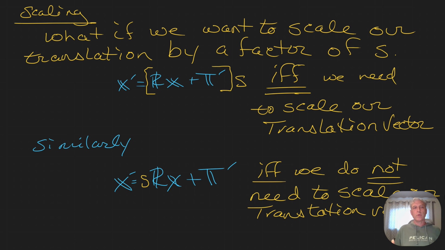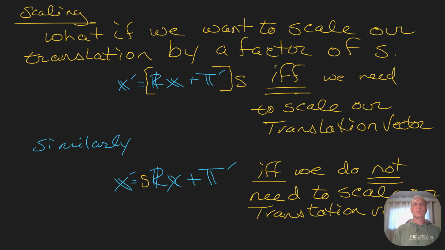Well, how do we know if we need to scale our translation vector or not? If we're given the task of transforming a coordinate system that includes scaling, usually we're told something like our original reference frame is in meters, our transformed reference frame needs to be in international feet. And then we'll say, translate by 5 meters.